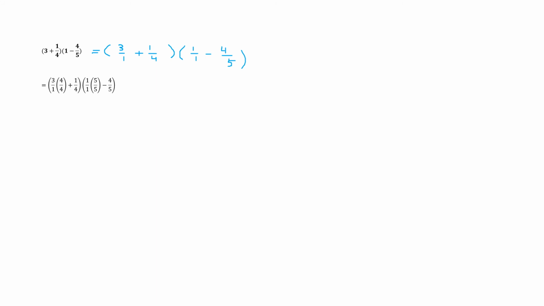In this case, anyway, the LCM always has to be calculated. So 1 and 4 are not divisible by any number, so the LCM is just 1 and 4 multiplied, which comes out 4. And if you look at 1 and 5, they are not divisible by a single number, so again the LCM is 5.